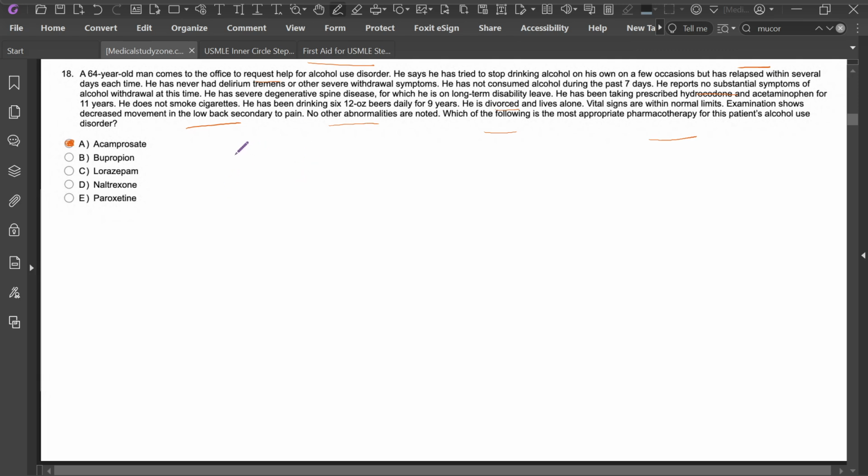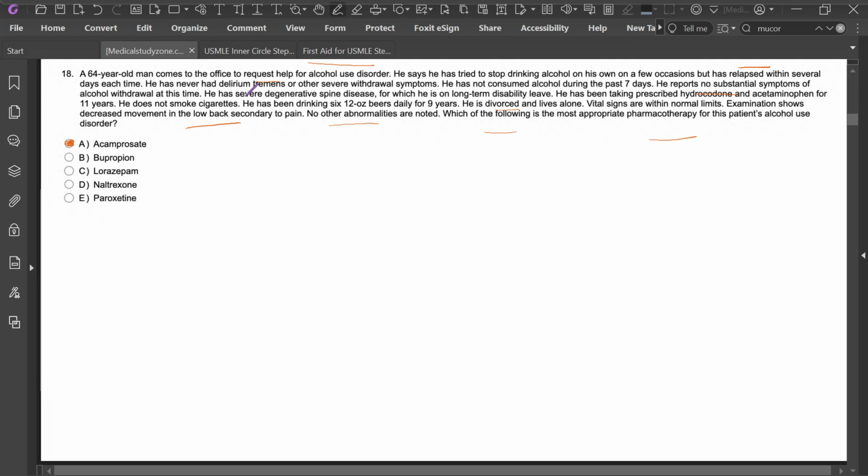So alcohol use disorder refers to addiction to alcohol, where at least two of the following criteria must be met: inability to cut back on drinking, drinking more than expected, excessive time spent drinking alcohol, craving, persistent drinking despite physical and mental problems related to drinking, and persistent drinking despite negative social consequences.